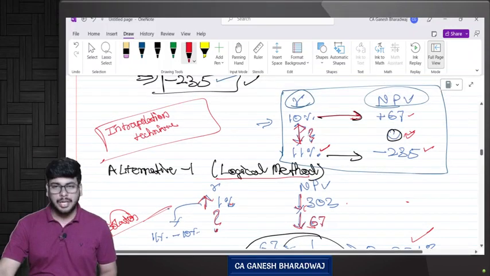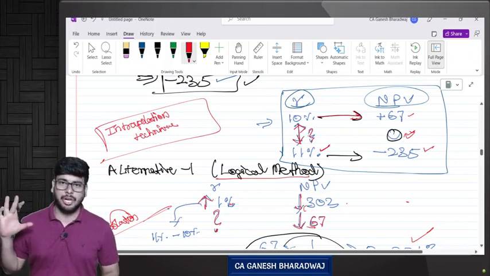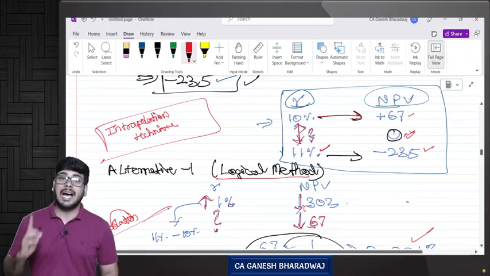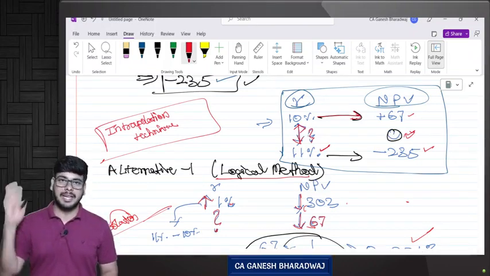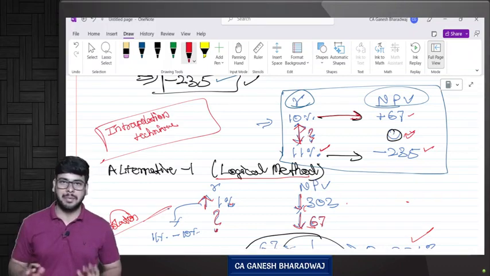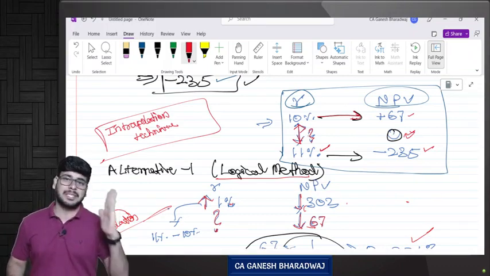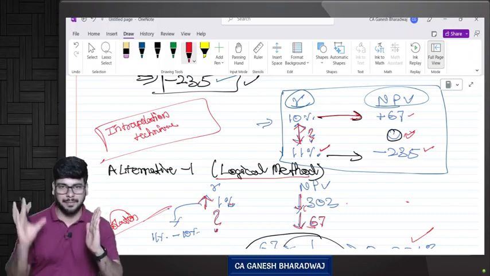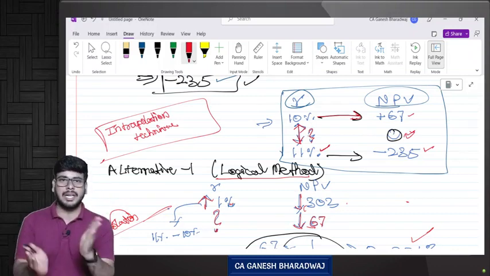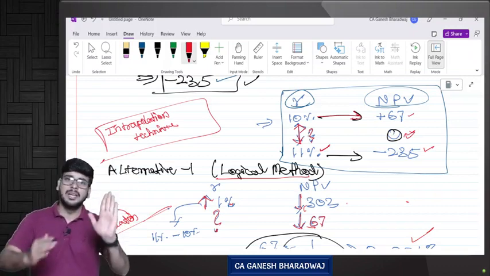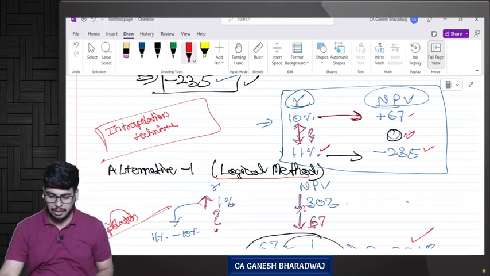So now we know for sure that IRR is more than 10% but less than 11%. Correct or not? So we know that IRR is 10% plus something, because it is lying between 10 and 11. How do we calculate that?